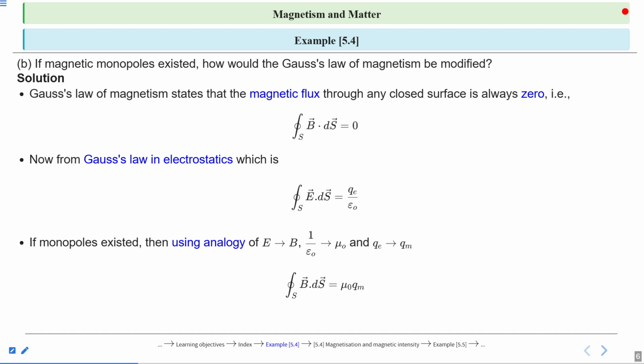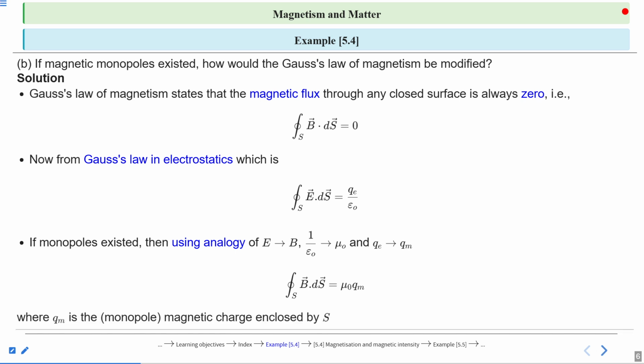That will be the closed integral over the enclosed surface of B vector dot dS vector equal to mu naught Q M. We can draw this expression by analogy to electrostatics. Otherwise, we know that magnetic flux through any closed surface is always zero. Got it?